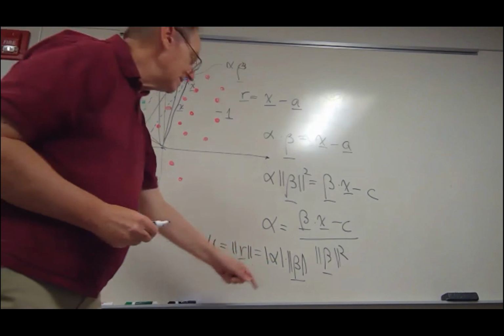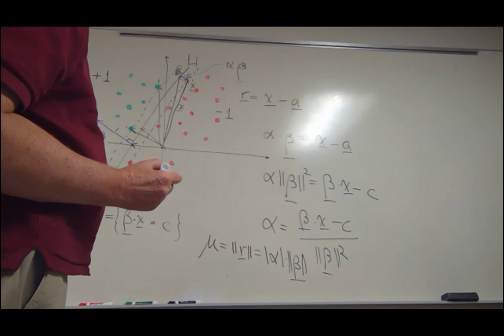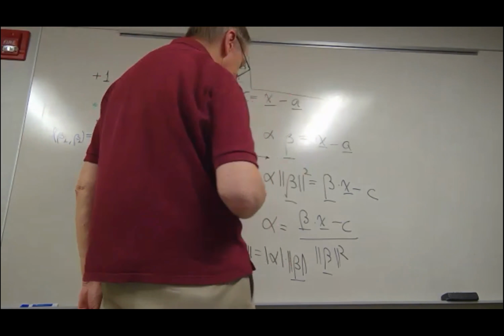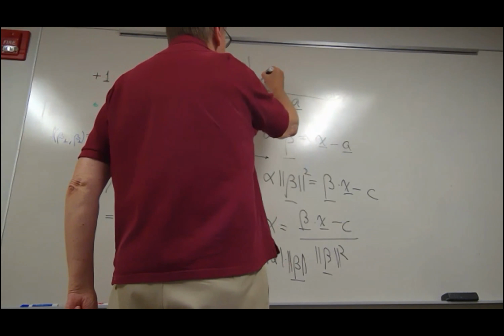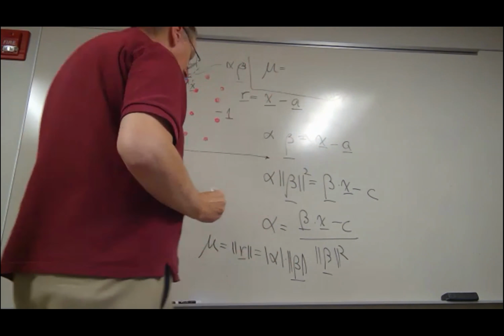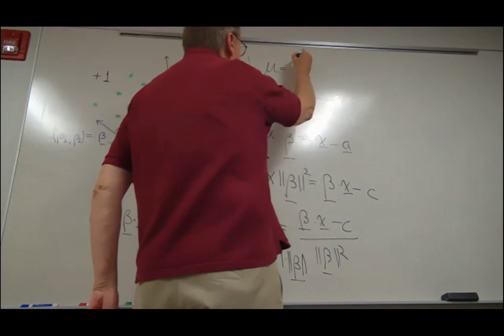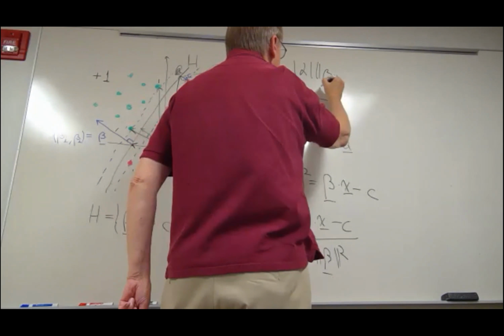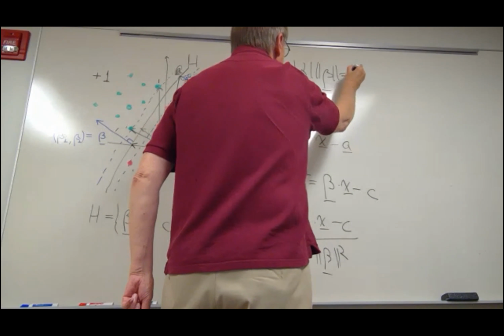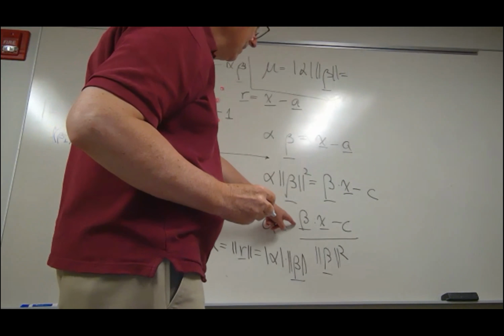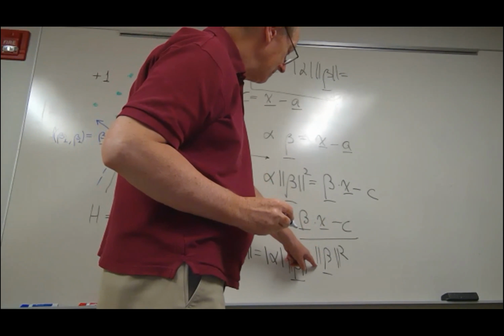I can plug this into my expression here, and I get the formula that mu is equal to the absolute value of alpha times norm beta, and this was equal to, well, absolute value of alpha is equal to the absolute value of this divided by norm beta squared.